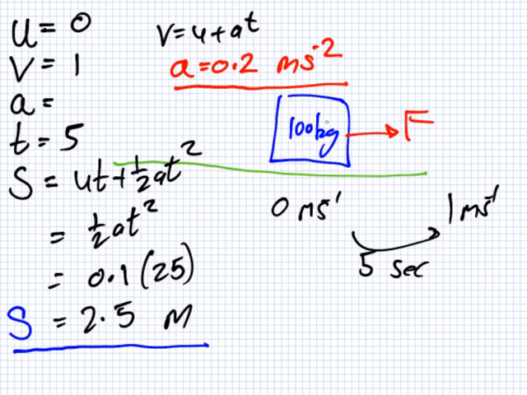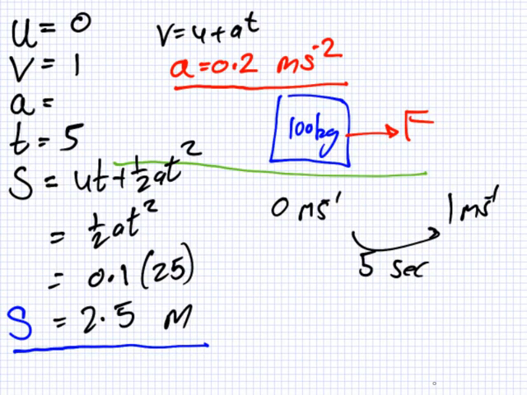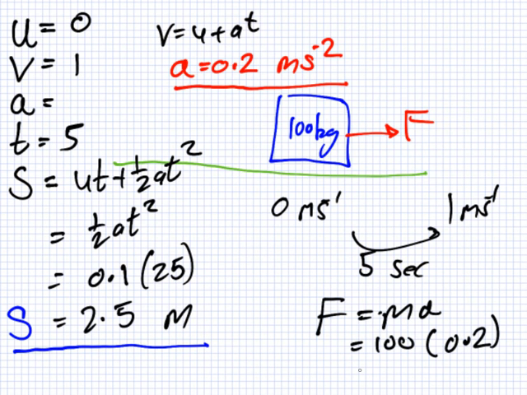Okay, next, what is the force? So what formula can give us the force? F equals ma. That's equal to 100 times 0.2, which is 20 newtons.